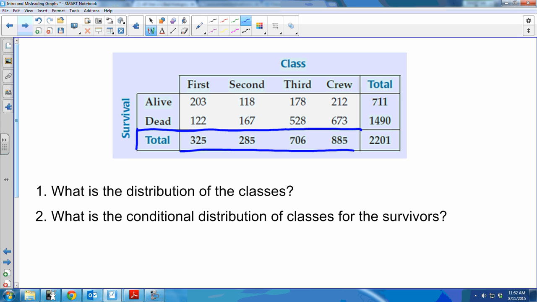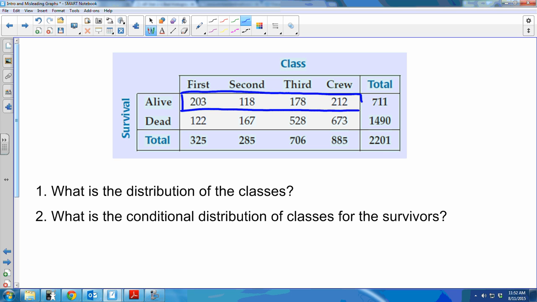The second one, though, is what's the conditional distribution of classes for the survivors. So this time we're looking at the distribution of classes, but it's based on just survivors. So instead of listing the numbers in the total, we're looking at the distribution of classes just in survivors. So we're looking up here. Again, you can report that all out as numerical values.